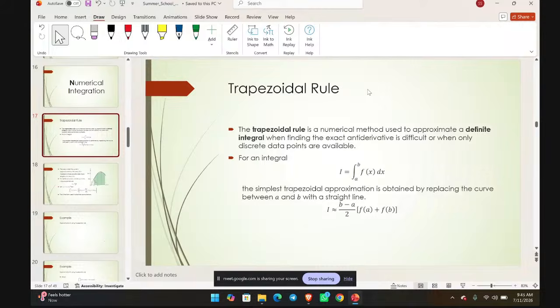So basically, the intuition behind the trapezoidal rule is the area under the curve. Let's say we want to find the area under this curve from a to b. This is f of a. This is f of b.